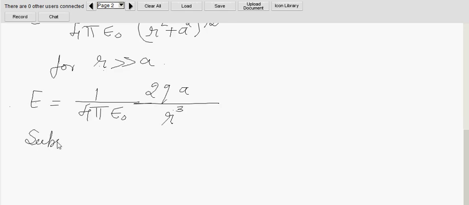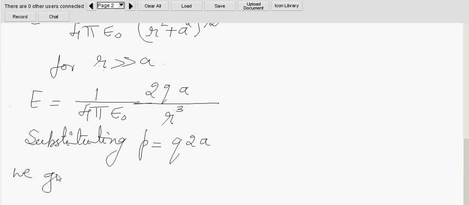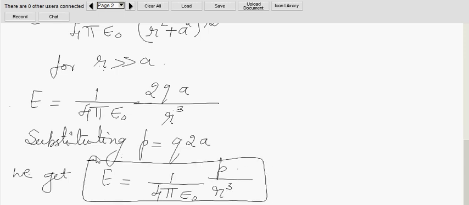Substituting p equal to q into 2a, we get the net field E equal to 1 by 4 pi epsilon naught into p divided by r cube. This is the electric field on the equatorial line of a dipole.